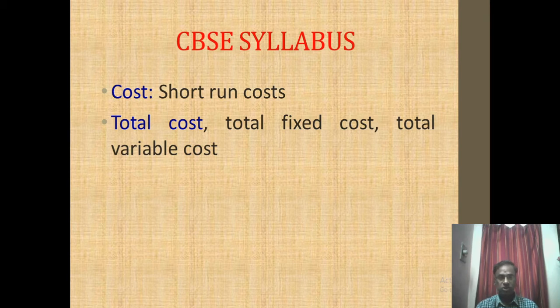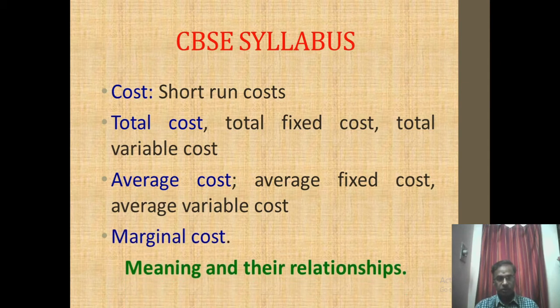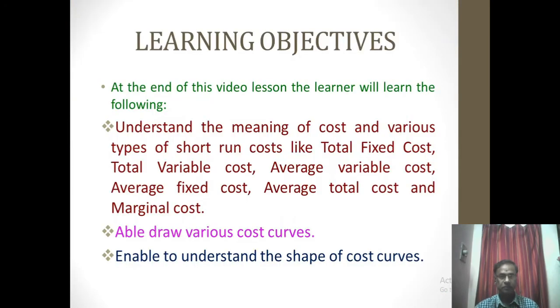In this we have total cost, total fixed cost, total variable cost, then average cost, average fixed cost, and average variable cost. Then lastly, marginal cost. We will be discussing the meaning of all these costs and the relationship between the costs. This we are going to discuss in this video lesson.